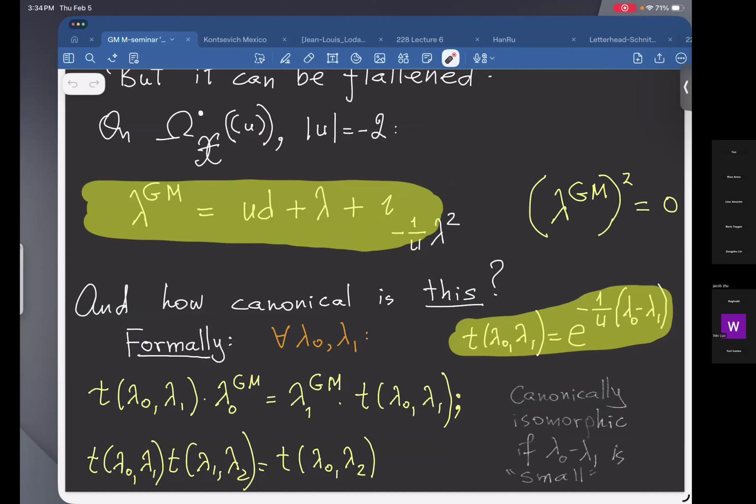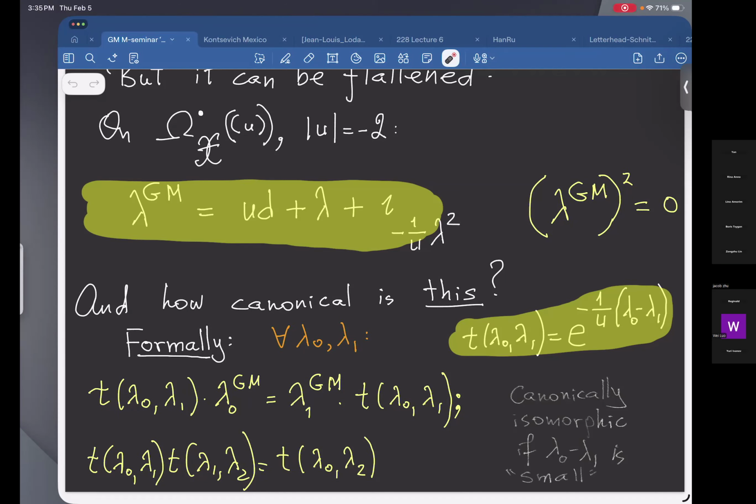Now, if you have two odd derivations, you have two operators of square 0, and formally they are conjugate. What does it mean? Formally, the isomorphism between the two is this one. You have to have some kind of smallness condition on lambda 0 minus lambda 1. Great if it can be nilpotent, but maybe even more.